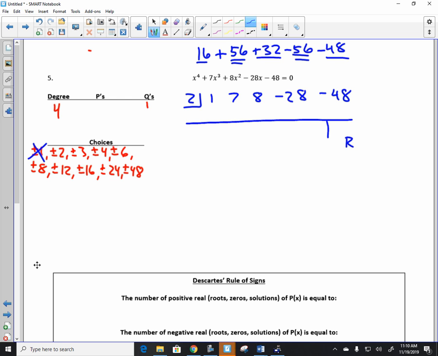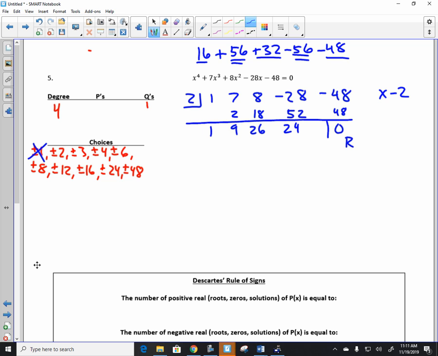And that way you don't have to take it in fourth power. You just drop it, multiply, add, multiply, add, multiply, add, multiply, add.